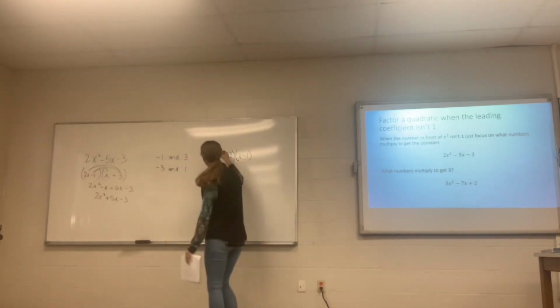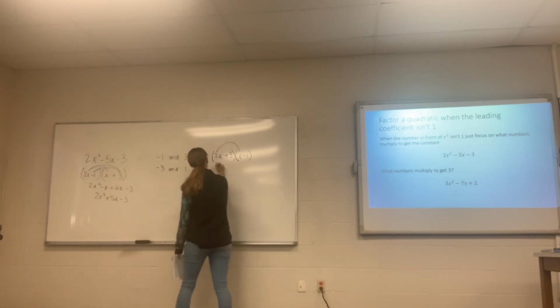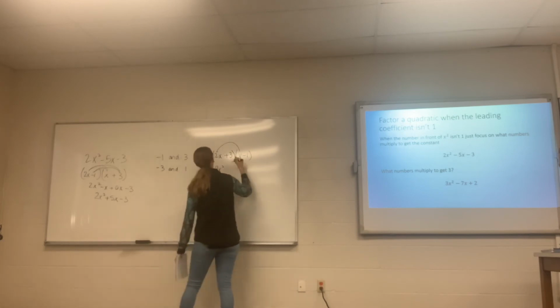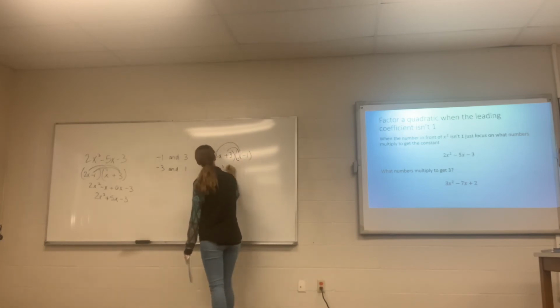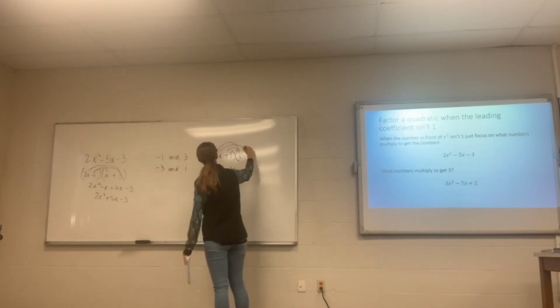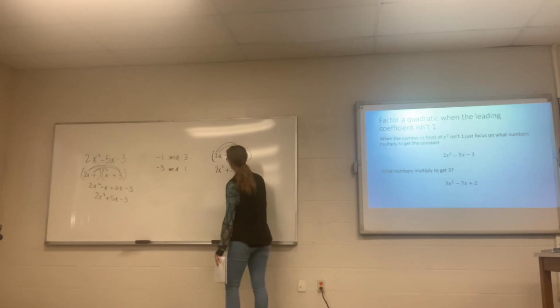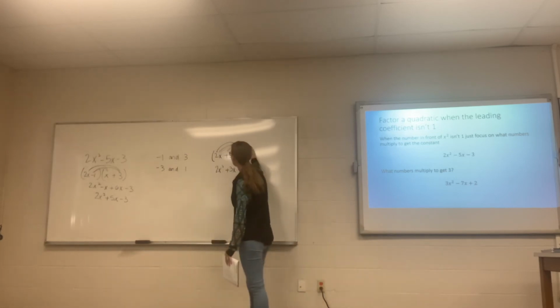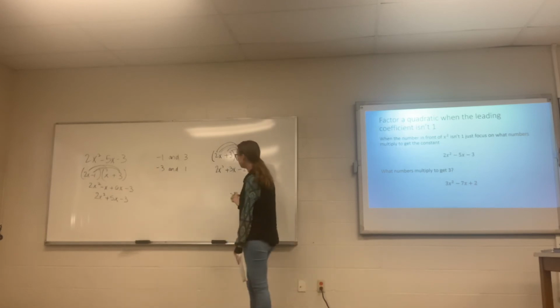So now if I FOIL this one, I have 2x times x, which is going to give me 2x squared. 3 times x, which gives me plus 3x. 2x times -1, which gives me -2x. And then 3 times -1, which would give me -3.